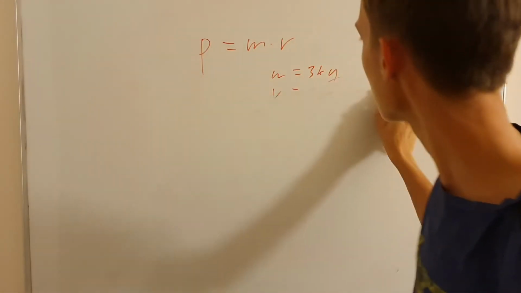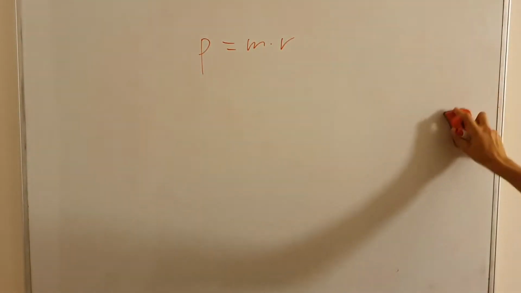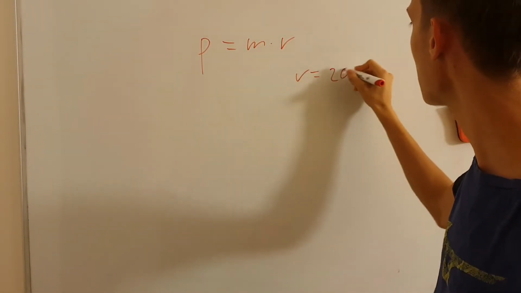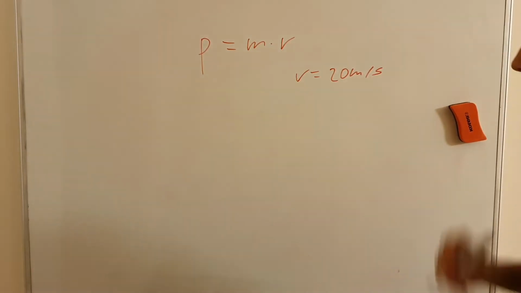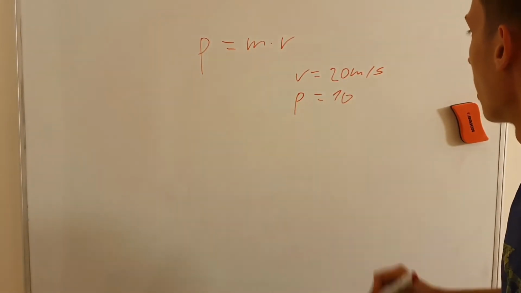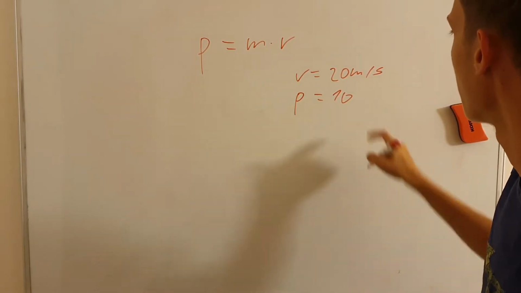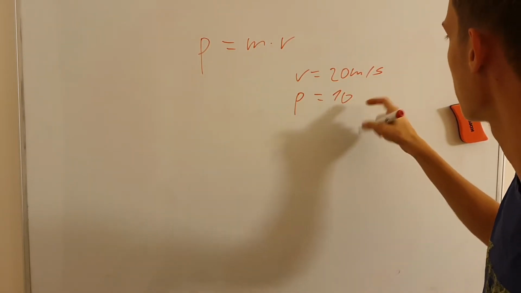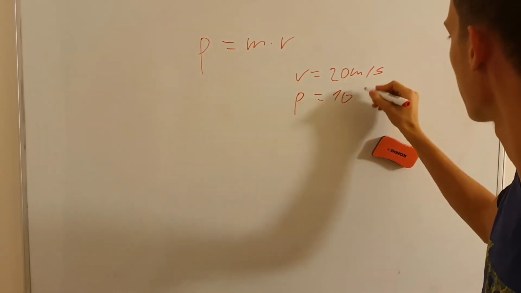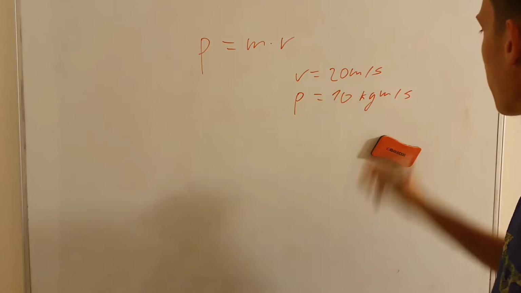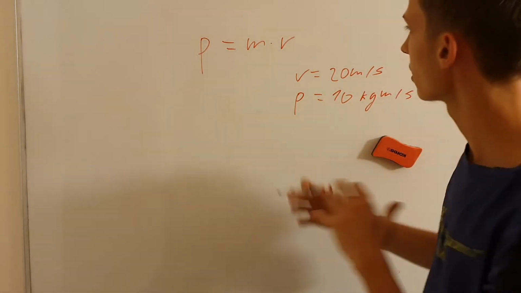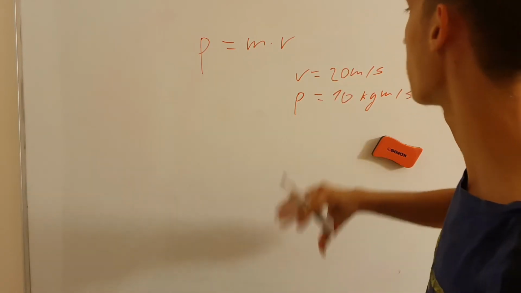And let's give a little bit more complex example. When I am told the velocity to be 20 meters per second and the momentum is supposed to be 10 kilograms times meters per second, and I want to find out what the mass is, I can manipulate the formula by dividing both sides by v.